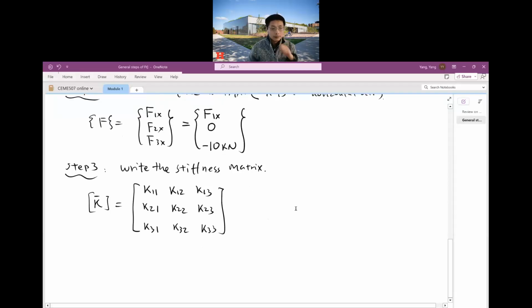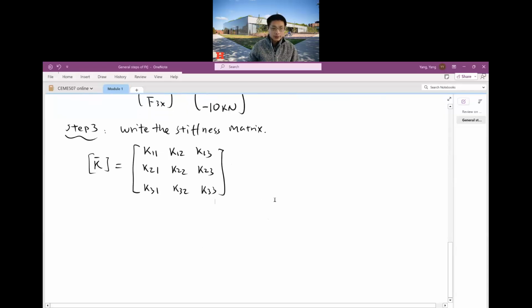So this tells us that up to here, we need to figure out the values of the elements in the stiffness matrix. There are nine numbers here, and we need to figure them out.